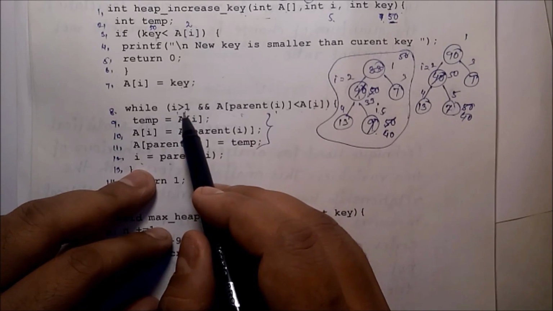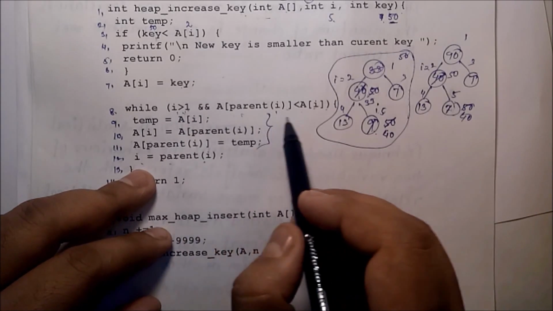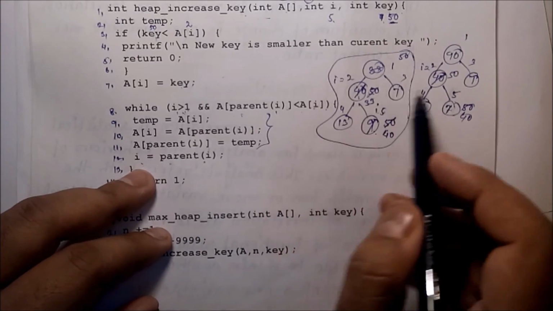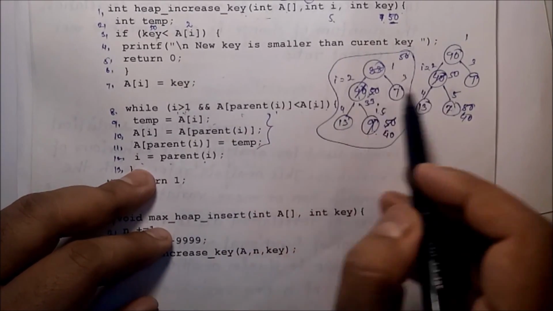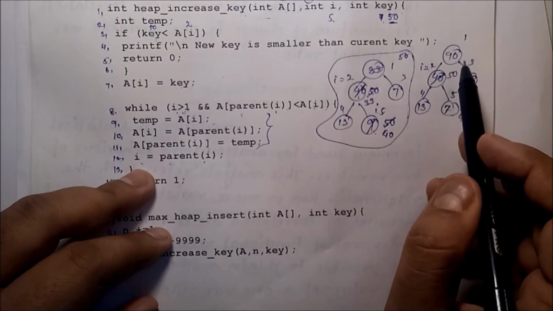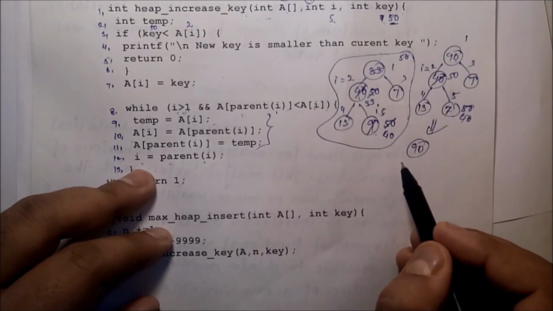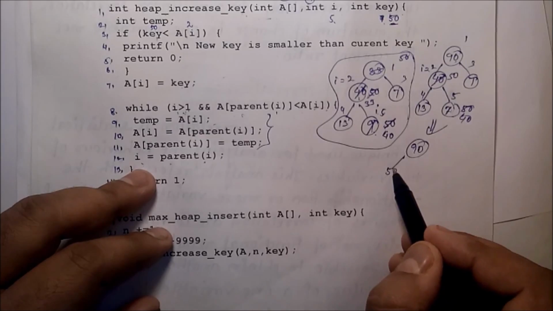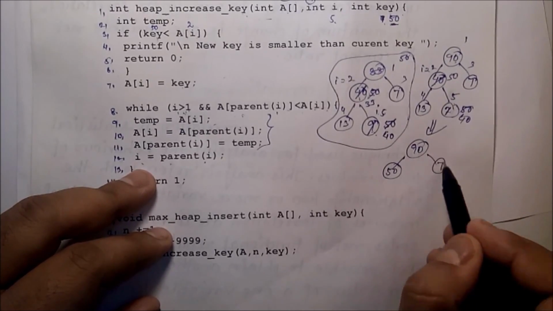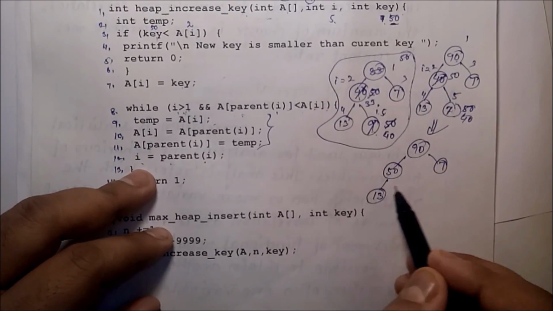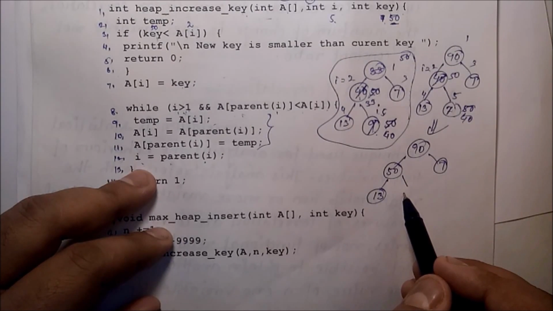I greater than 1 is true, but whether the parent is less than Ai, the condition is false because the parent is 90 and it is 50. After that the tree will be 90, 50, 7, 13 and 40.